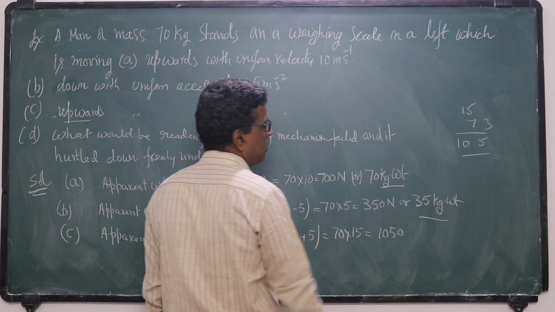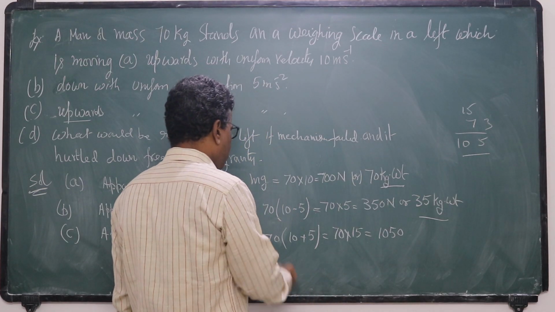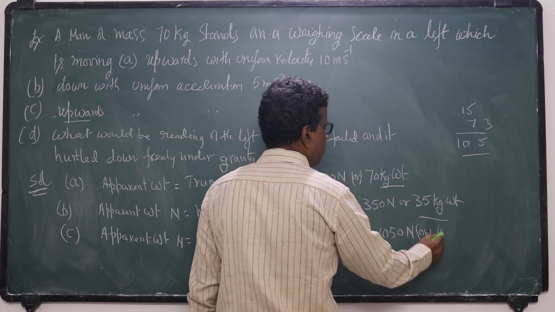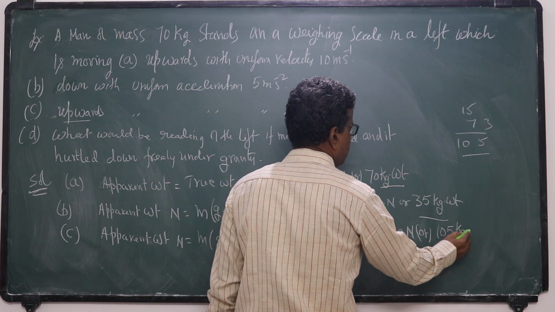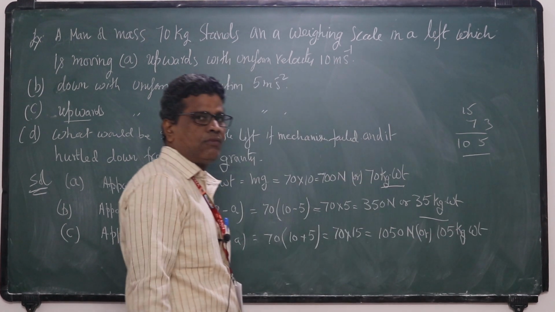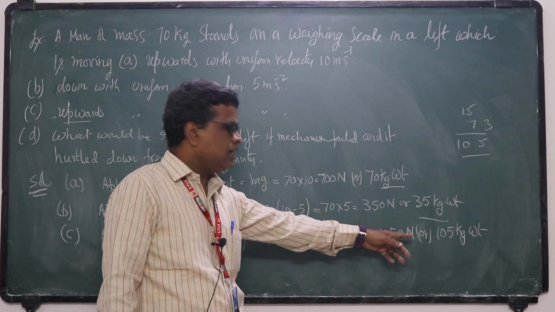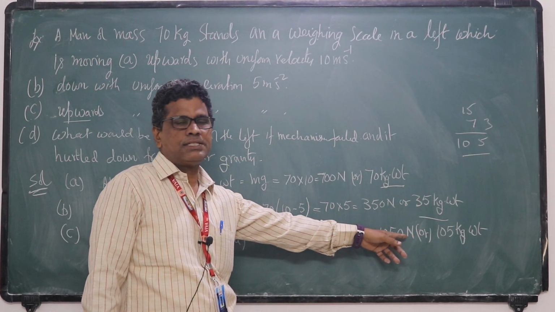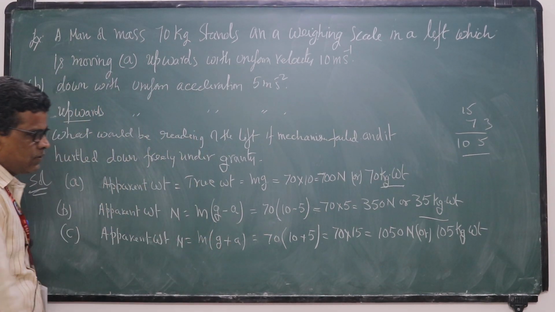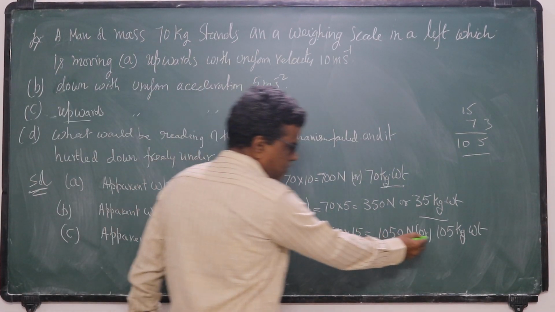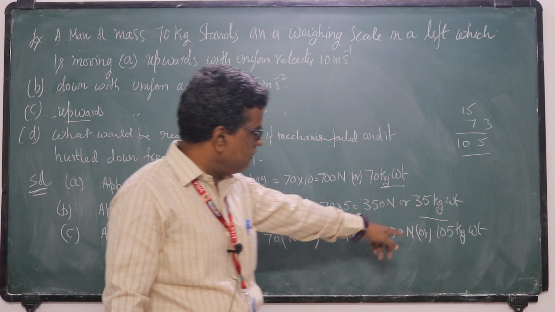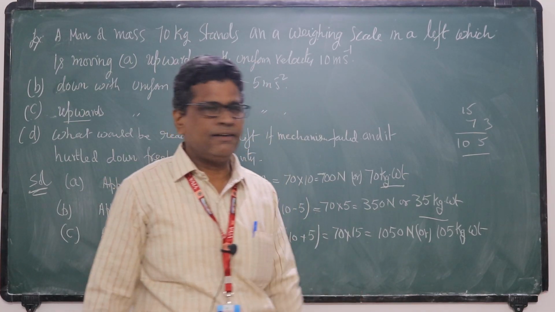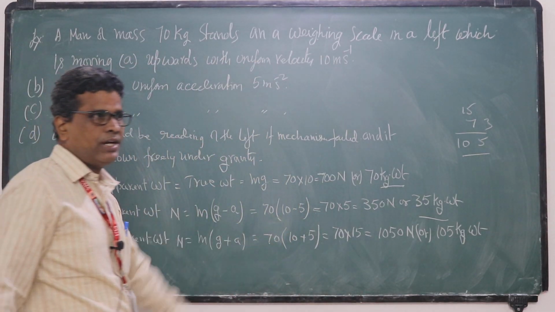So it is 1050 newtons or 105 kg weight. Actual weight is 70 kgs, but it shows 105 kgs. You see the difference. That is called apparent weight. It is not true weight.